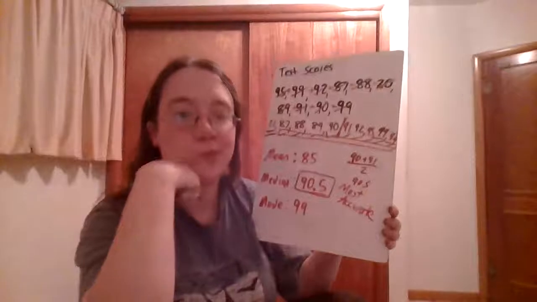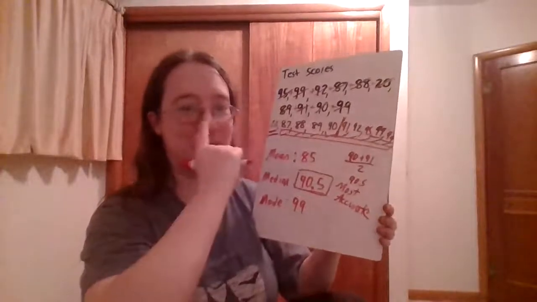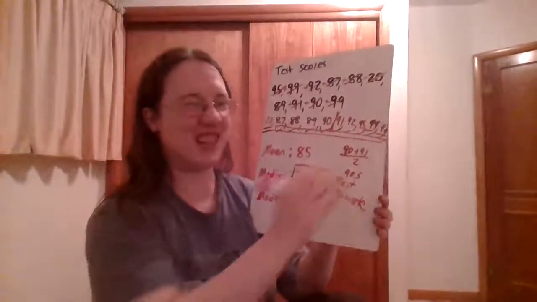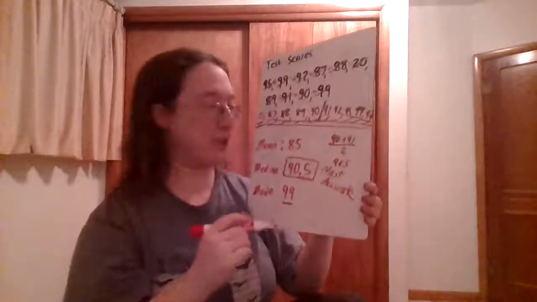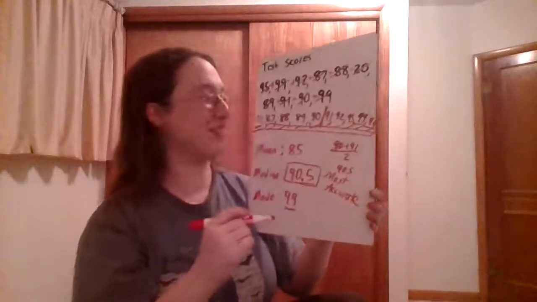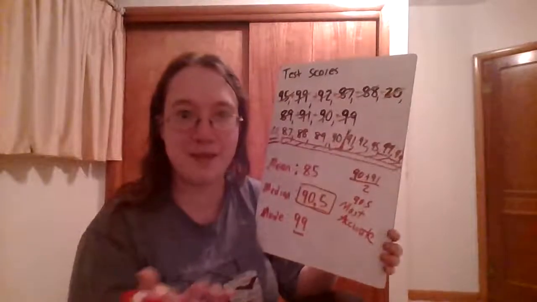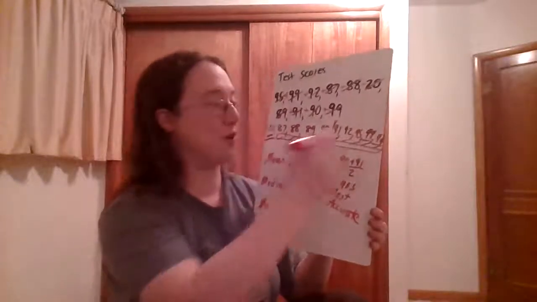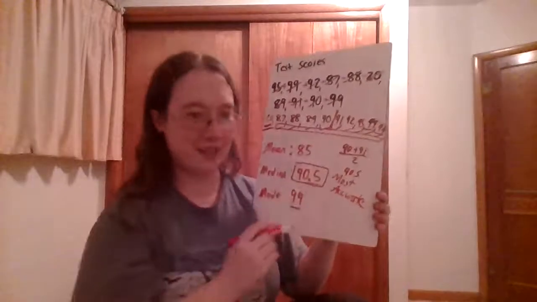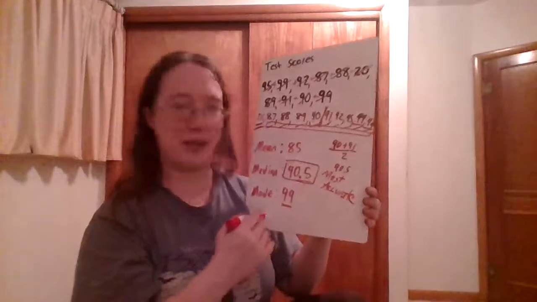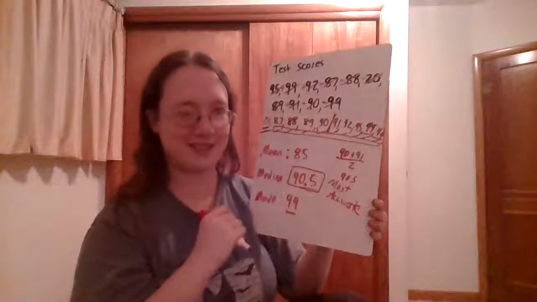Now, which one of these numbers would you want to show your parents? Yeah, probably that 99. You say, oh, well, the mode of my test scores is 99, Mom, so I'm doing just great. I mean, that just happened to be the number that showed up twice as opposed to all the others showing up once. This one would probably look a little bit better if you want to show something to your parents.